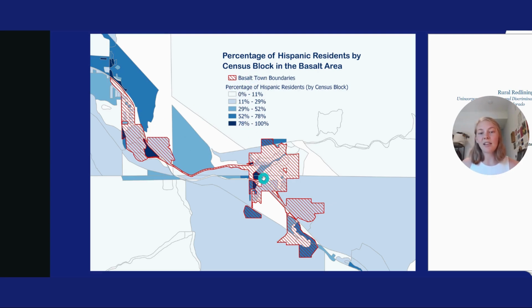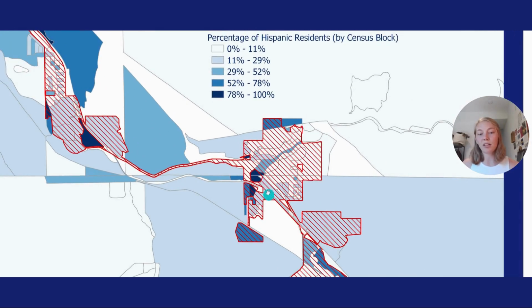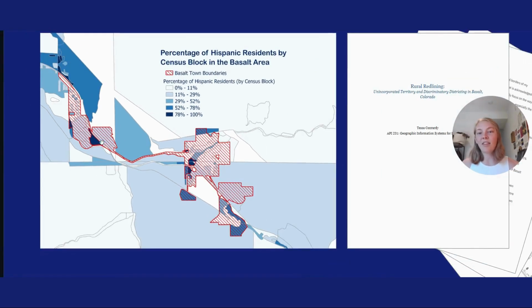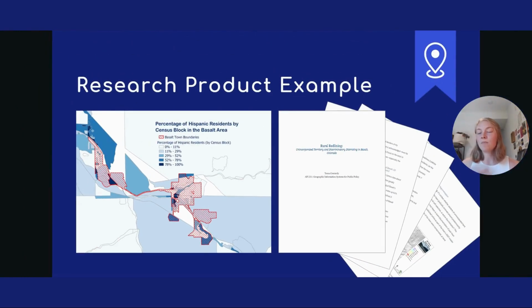And you can see that these dark blue neighborhoods, the most disproportionately Hispanic neighborhoods, are oftentimes very pointedly excluded from the town lines. There's this patch where the town lines draw pretty cleanly around this neighborhood. And that happens again here, and that happens again here. That pattern can be communicated with numbers, it can be communicated in written text, but I think it's really clear in a visualization like this.